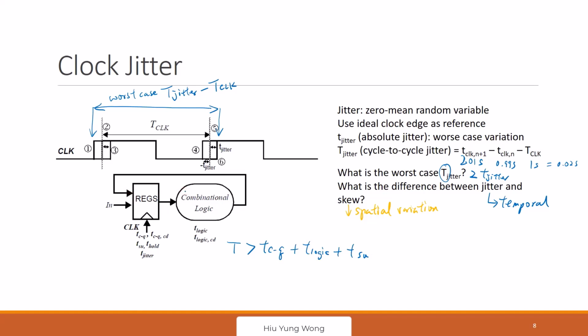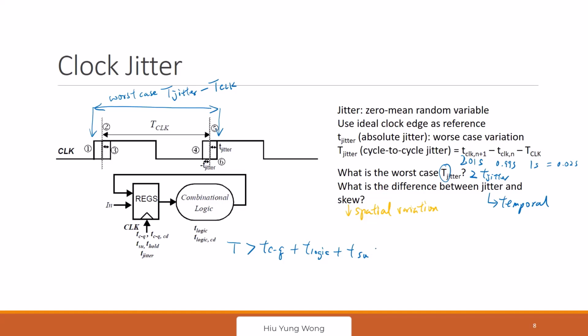But now I don't have skew because I'm the same register. However, I have clock jitter. Now the clock jitter is this. I don't know if it's positive or negative because it's a random number. So I take the worst case, just like the cross skew.